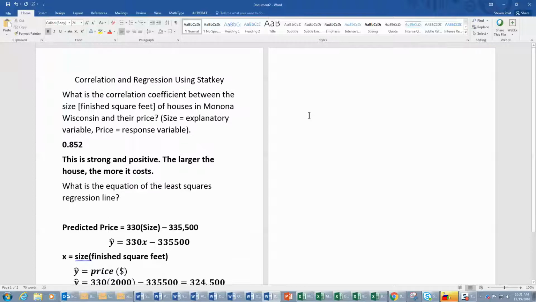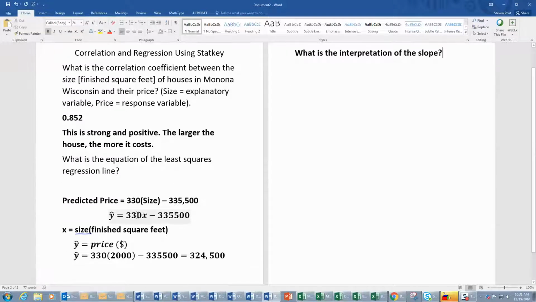Let's go a little bit further. What is the interpretation of the slope? Well, what is the slope of this line? The slope of this line is 330. What does the slope tell us? It tells us how much the output changes when the input changes by 1.